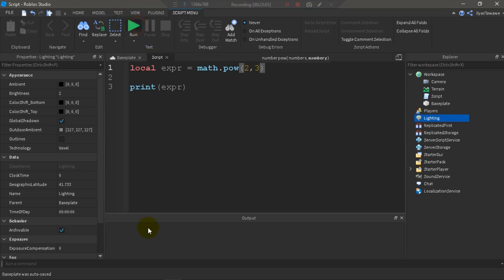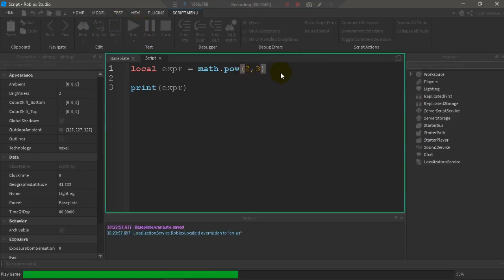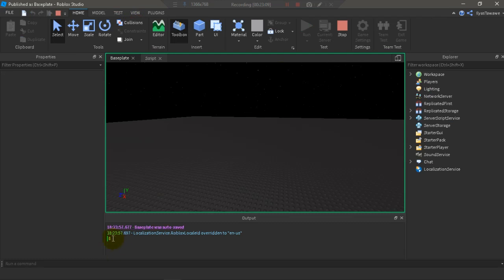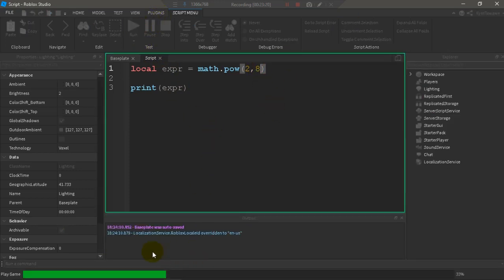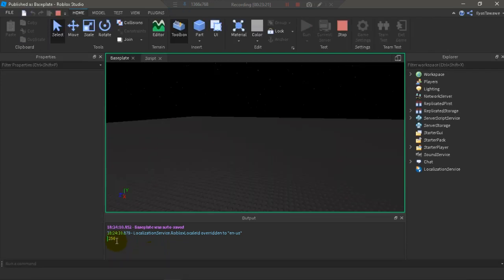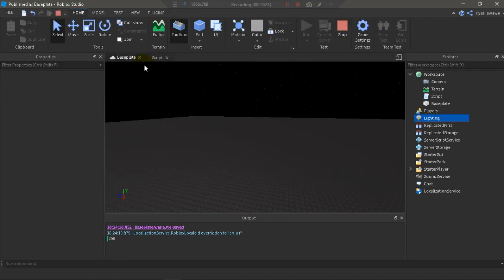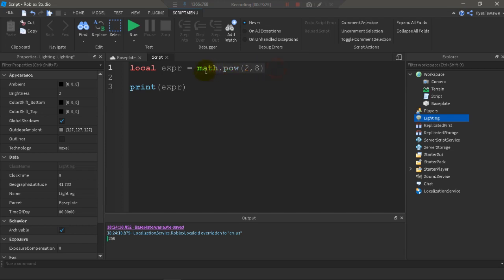So it should give us 8, because 2 to the power of 3 is 8, as you see. Cool. So for example, 2 to the power of 8, and it's given us 256.